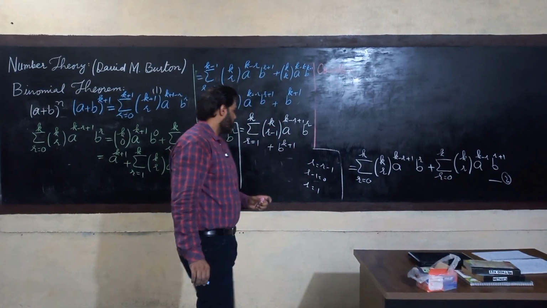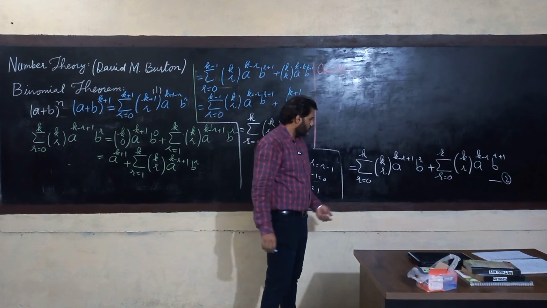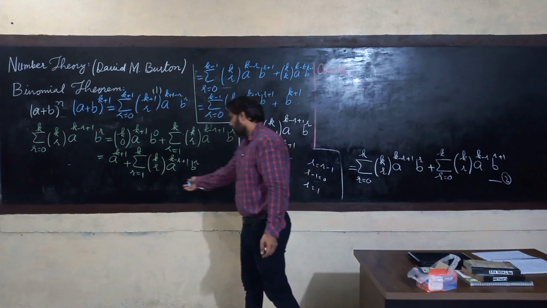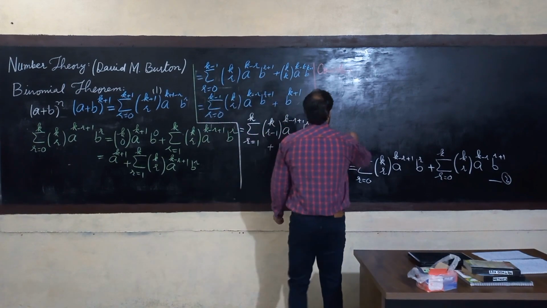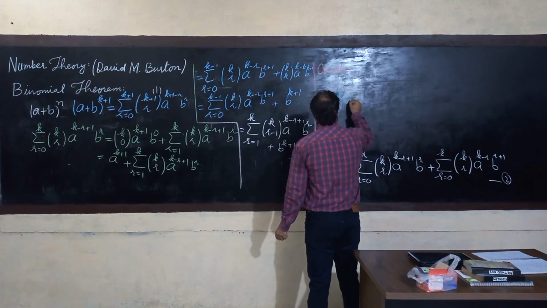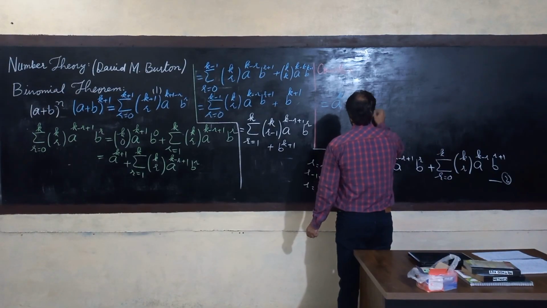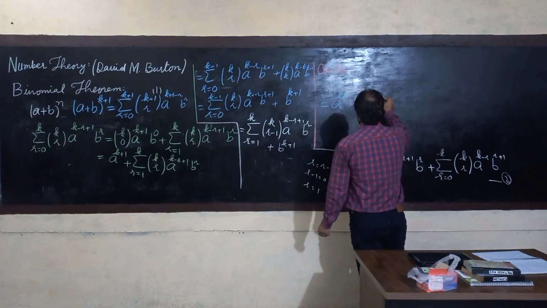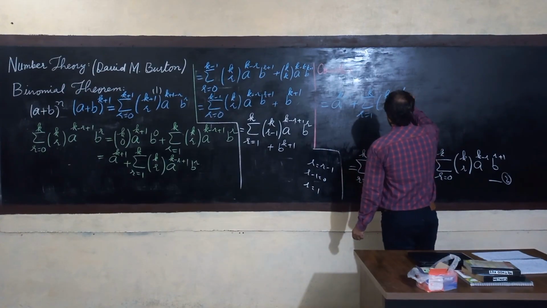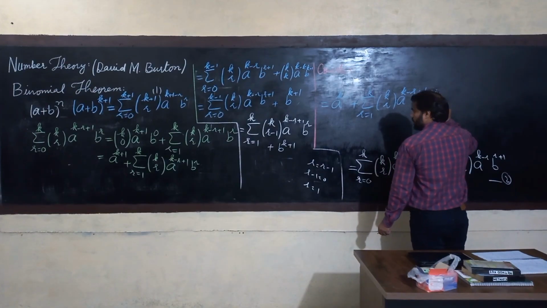Finally, we put the values of these two summations. In equation number 2, the value of the first summation is given by this, which is equal to a raised to power k plus 1 plus summation r is equal to 1 to k, k choose r, a raised to power k minus r plus 1, b raised to power r.